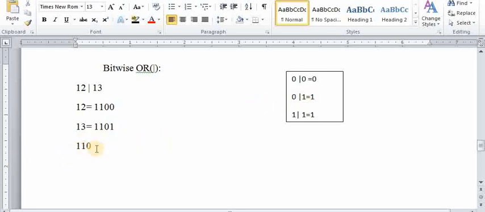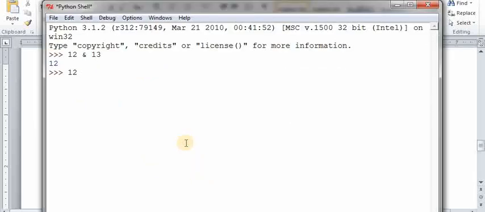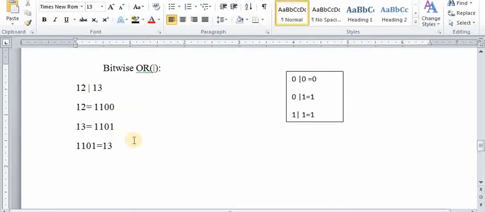So what will be the answer? 1101, which is obviously 13. Let's check it: 12 OR 13, the result will be 13. Now this is the function of the bitwise OR operator.